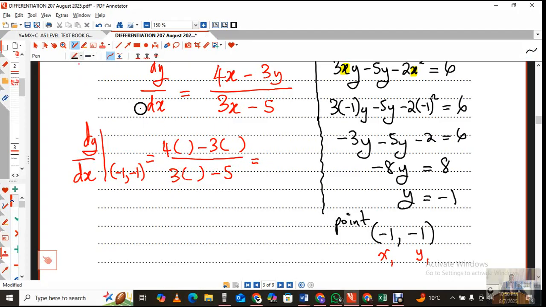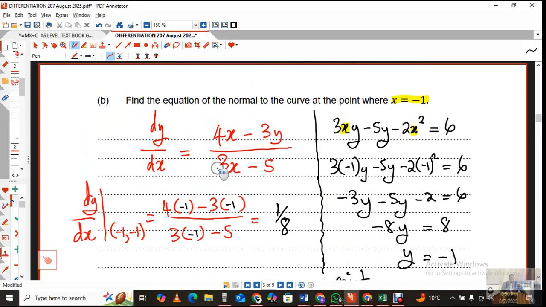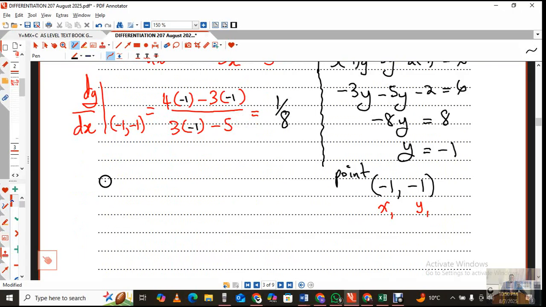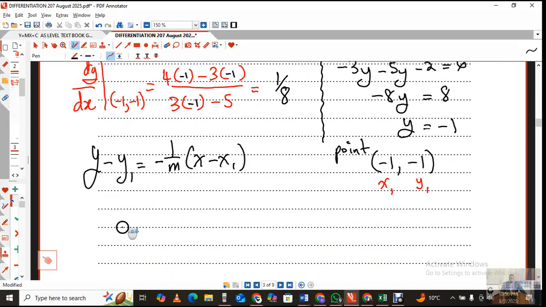Well, if you clean this up, you're going to get 1/8. But this is the gradient, but it's not the normal. We're looking for the normal. So the equation of the normal is y minus y1 is equal to negative 1 over the gradient, and then you have x minus x1. So basically, we'll be substituting this in there.